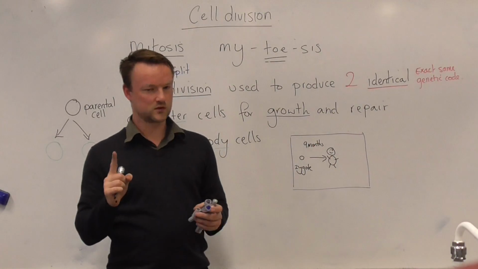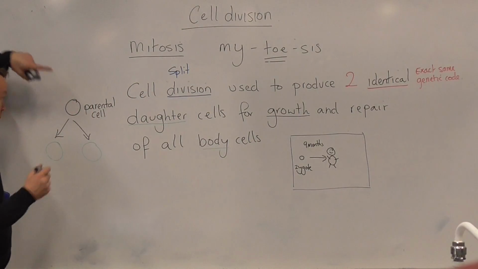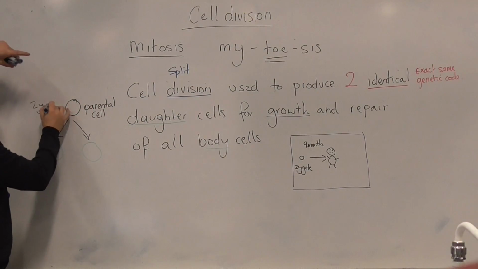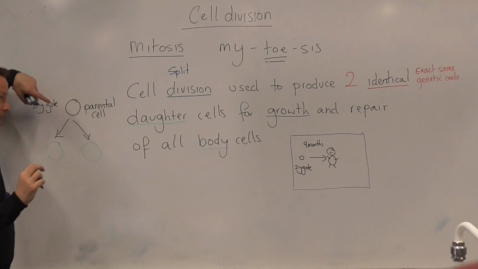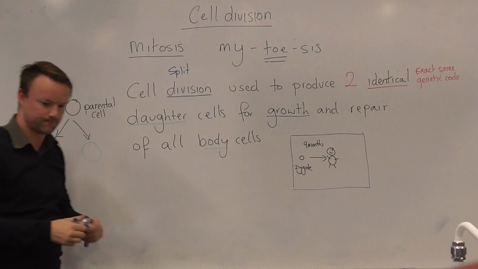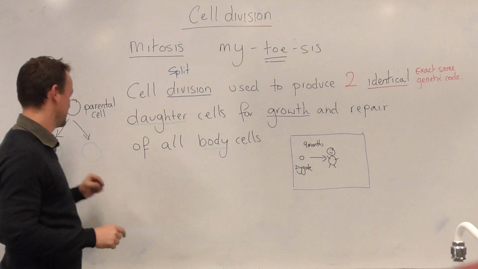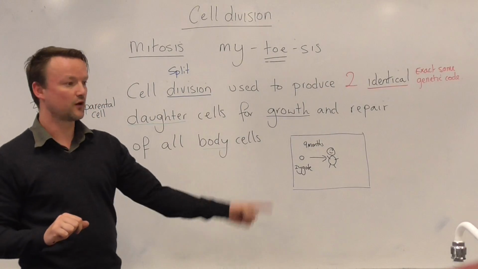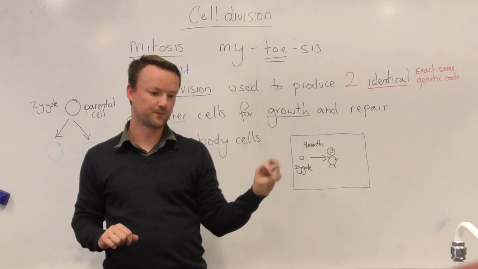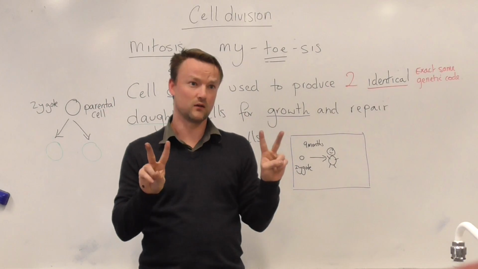So you start off with one cell, a zygote. This here can be a zygote. It copies its DNA exactly. It then splits into two identical daughter cells. So you go from one cell to 2 cells. Those 2 cells then divide and they give us 4 cells.